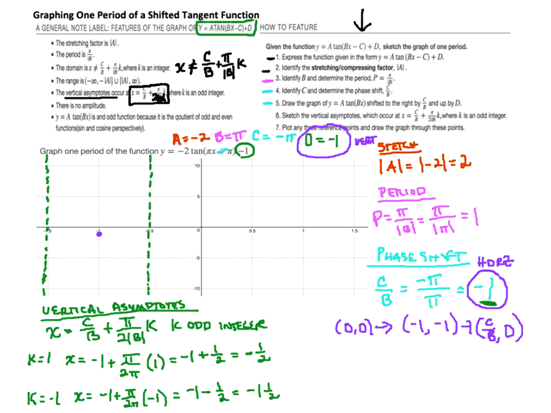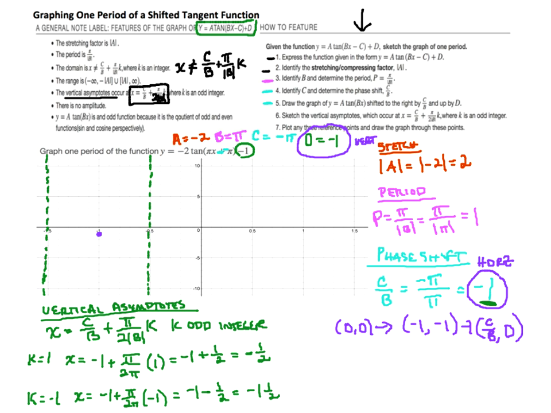Now I just need a couple of reference points. I'm going to use reference points that lie halfway between my main reference point and my vertical asymptotes.